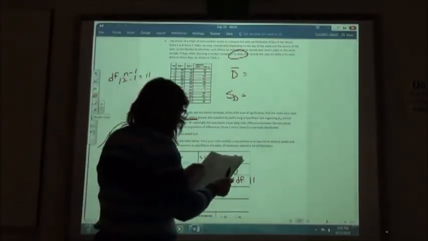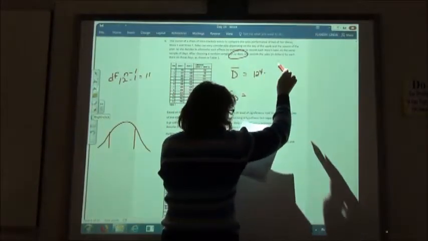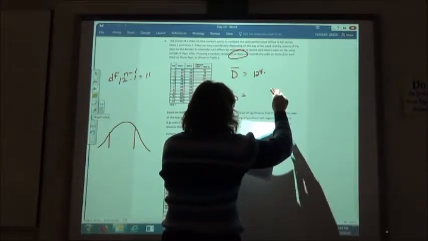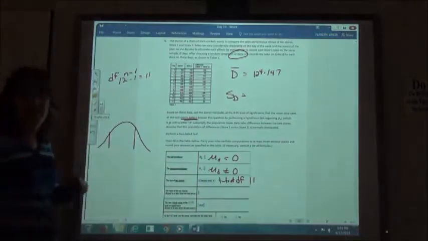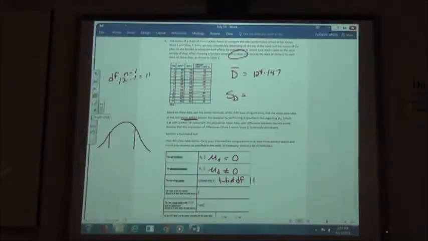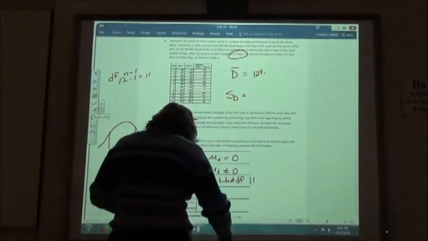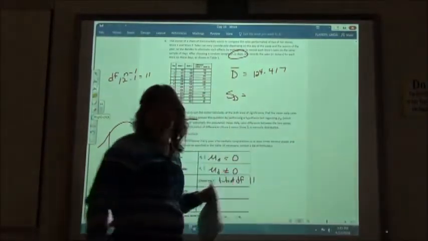All right, so we get 124 point, I don't know why I carried that out so far. Does it tell me 3? So I'm going to do 147 then to go to 3 decimal places, right? Whoops. I just keep switching numbers today. 124.417. How about that? That look better?